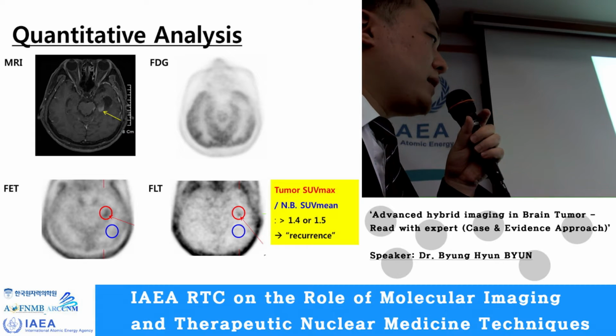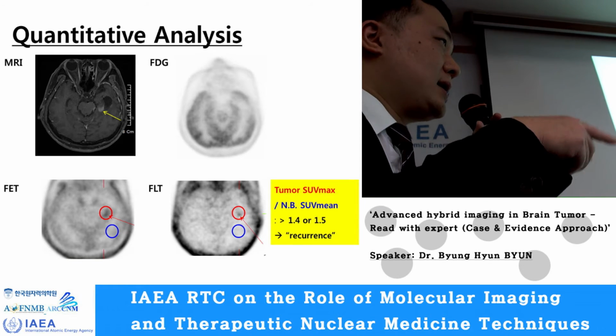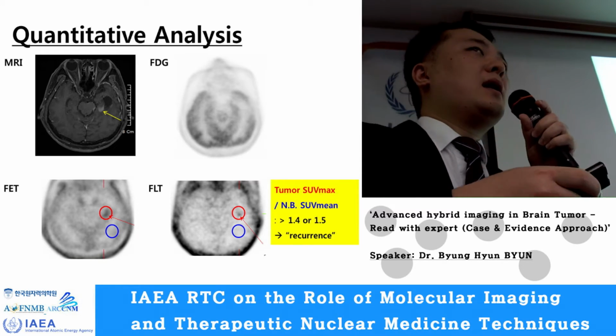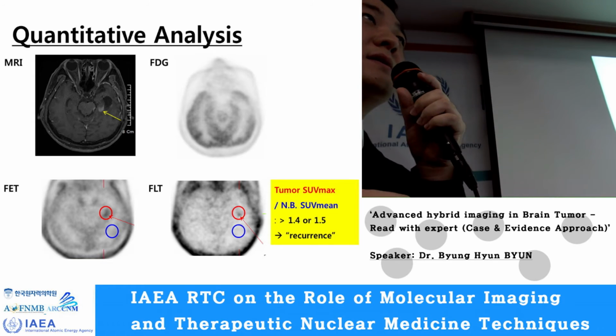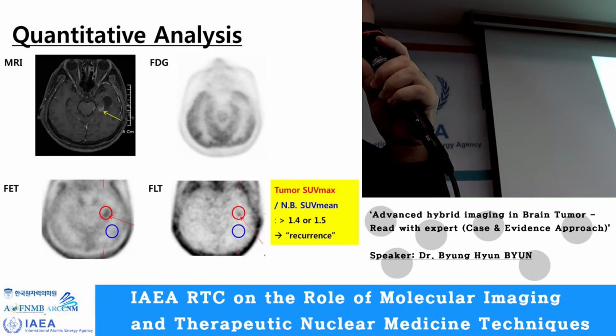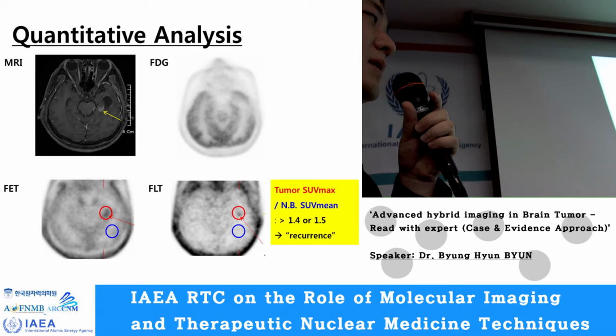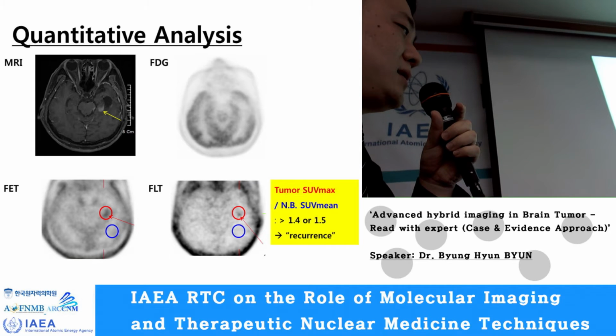For example, we draw a region of interest here, a red circle. This is the tumor region. Then we draw a region in the surrounding normal brain area. Some researchers draw the blue circle on the contralateral frontal area, but some others draw the circle around the tumor.